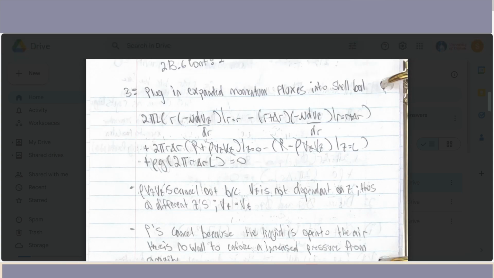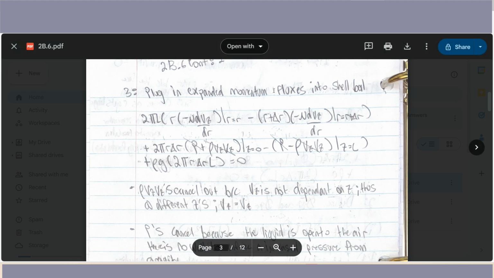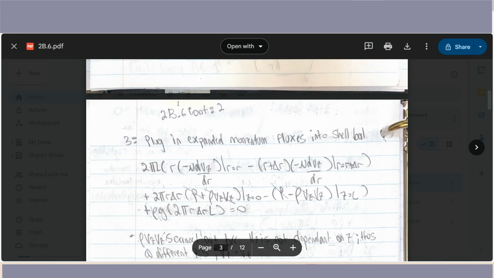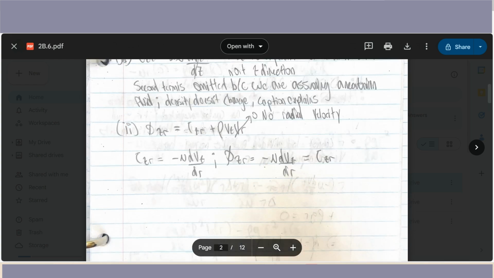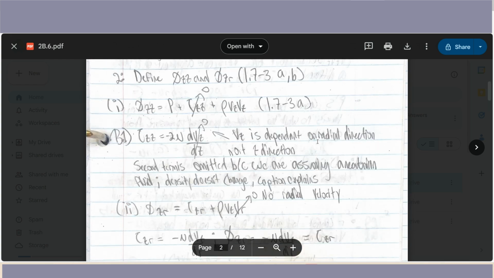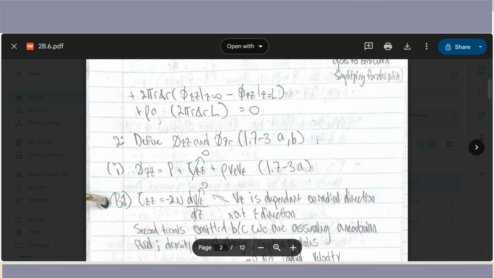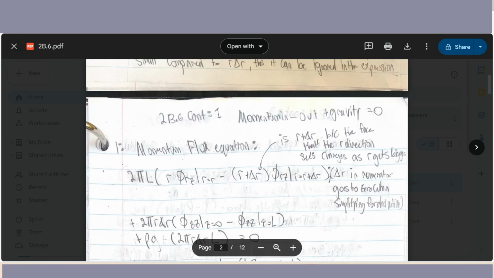And so we have this expression with these new derivatives inserted for the momentum fluxes. We're just plugging that definition into this equation here.